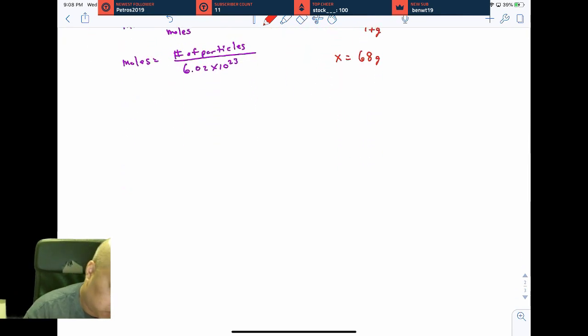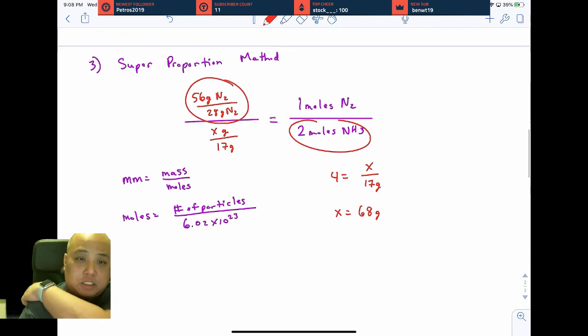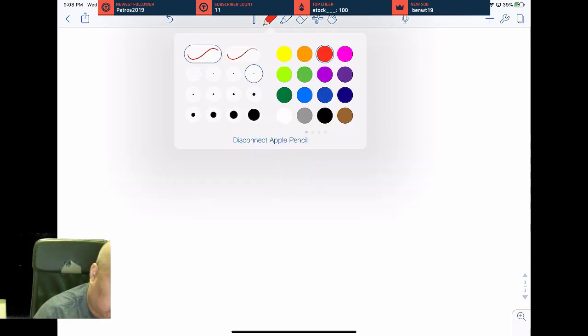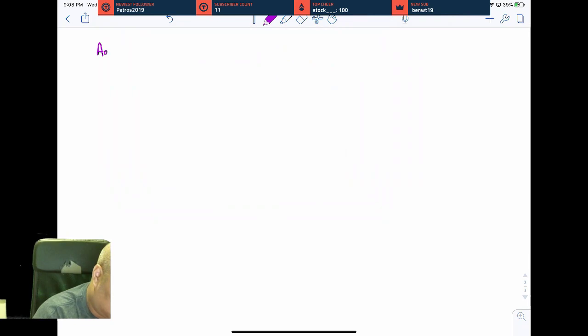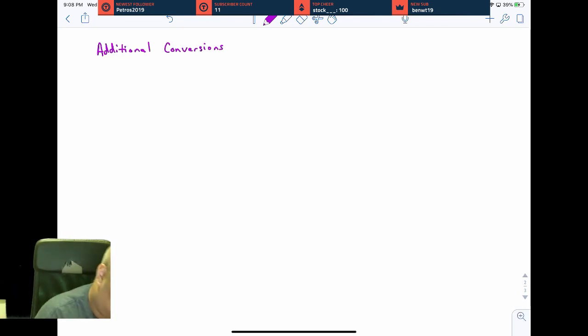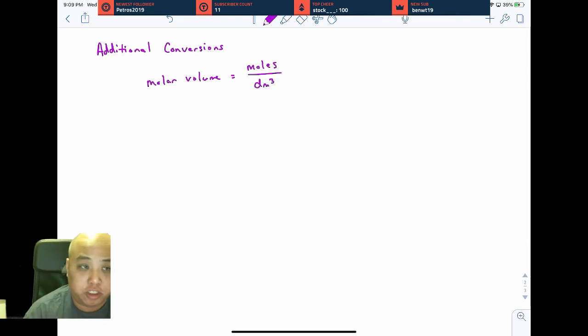But as you do this, you start to add a few more conversions into this. I just did a simple grams to grams one, but you need to be aware of some additional conversions into this method. Okay, molar volume. Molar volume is equal to the moles per decimeter cubed.